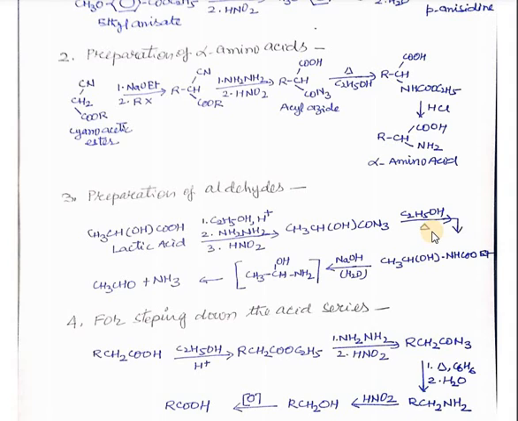Now this is treated with alcohol and heated to give this CH3CHOHNHCOOR ester. So in presence of NaOH and water, this amine is obtained, in which an OH group is present. Because this is not stable, ammonia will evolve from this and we obtain aldehyde.